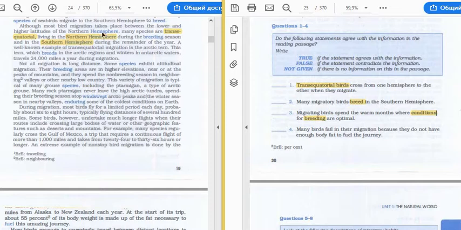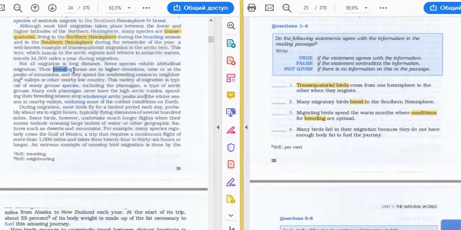We know that the answer to the second question is here, so we go below that and scan for something about breeding. Here we found breeding areas in higher elevation near or at the peaks of mountains, and they spend the non-breeding season in neighboring valleys or other nearby low country.